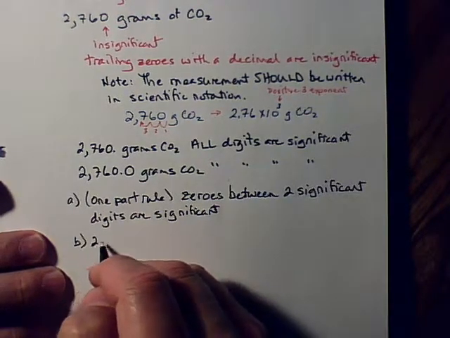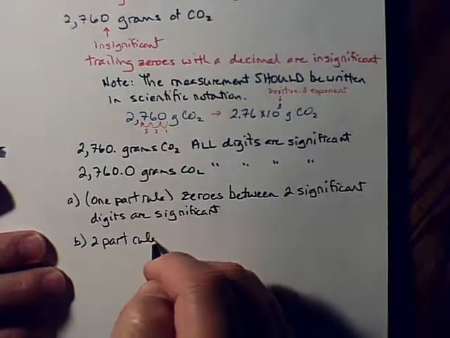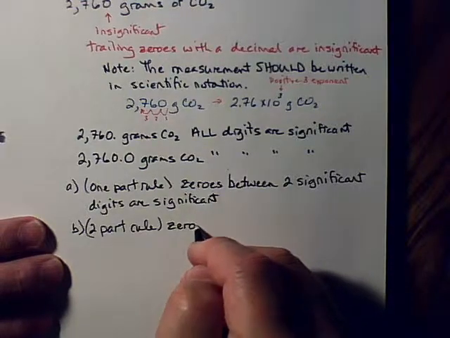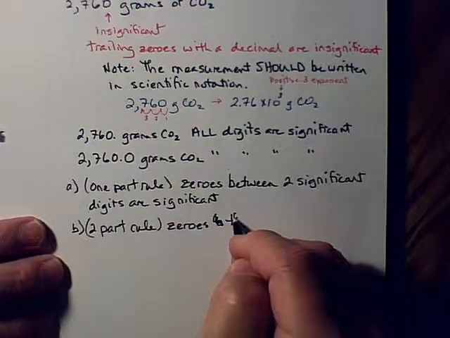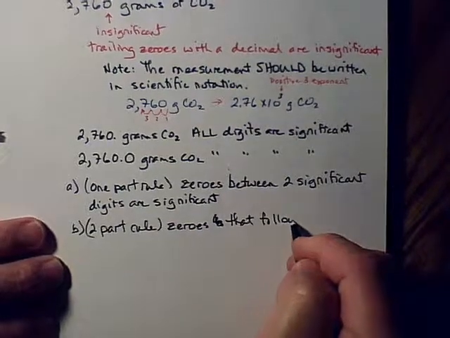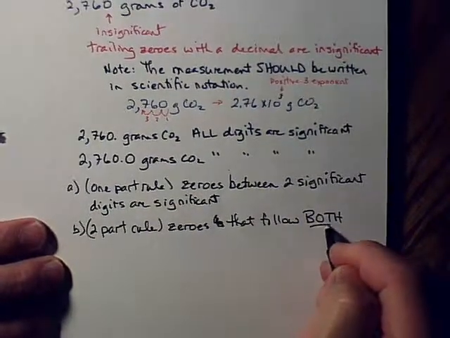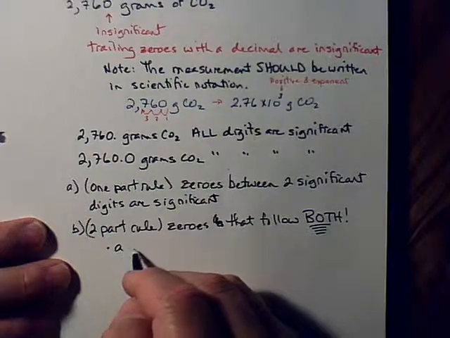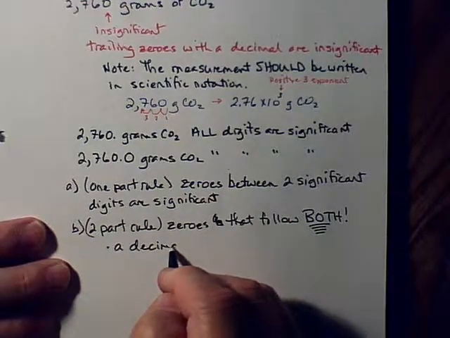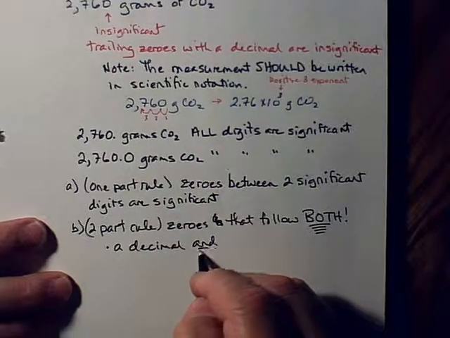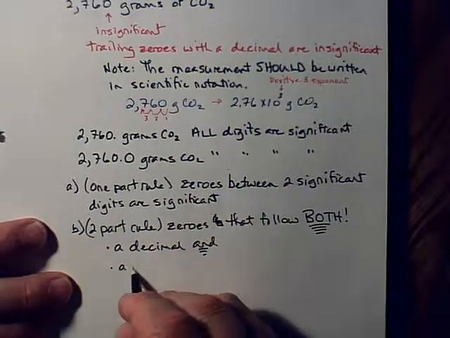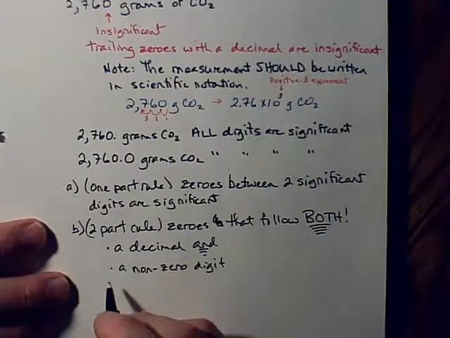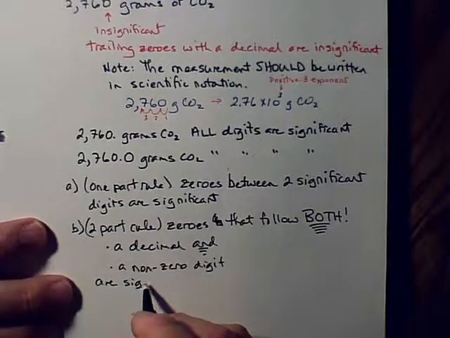The 2-part rule: zeros that follow both a decimal and a non-zero digit are significant.